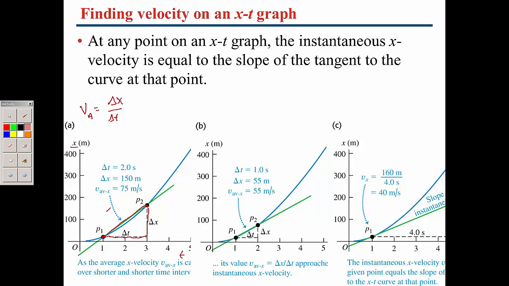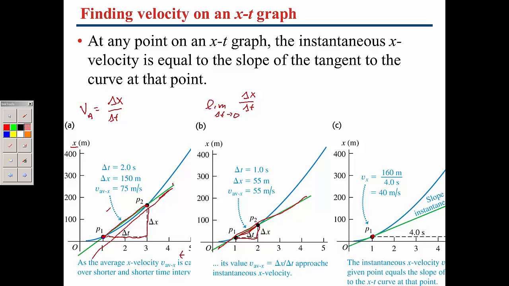Now if you consider the limit as delta t approaches 0 of the change in position divided by the change in time, so now I've picked a smaller time interval and I take the slope of that, we can see that the velocity, which again is the slope of this green line right here, is a little bit different now that I've chosen my time interval to be smaller.